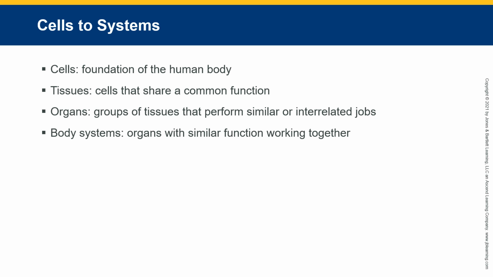Make sense? So your tissues are a group of cells that form the same function. Organs are a group of tissues that perform similar or interrelated jobs. Body systems are organs with similar function working together.